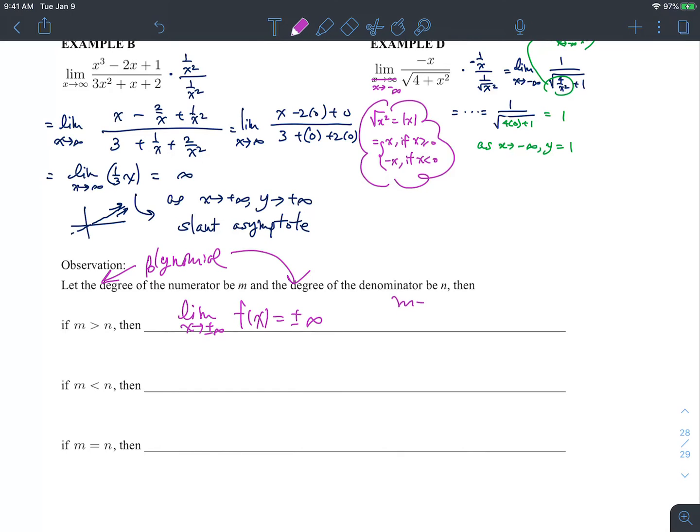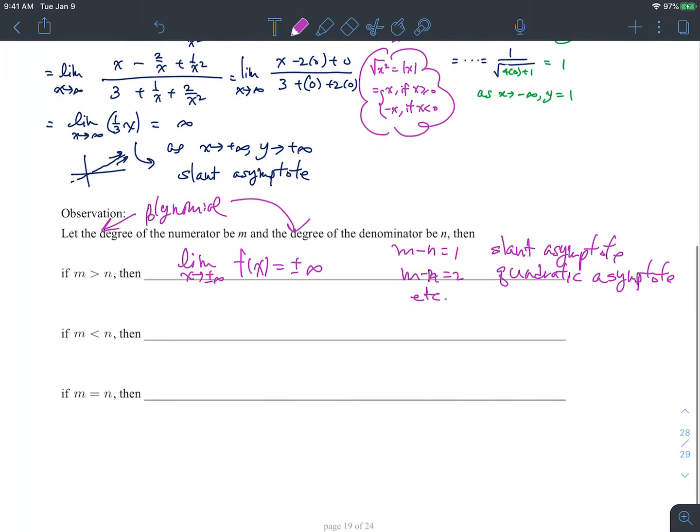If the difference is 1, it's, what did I call it? That's right, slant asymptote. If the difference is 2, this is a quadratic asymptote, etc., etc. All right, guys.